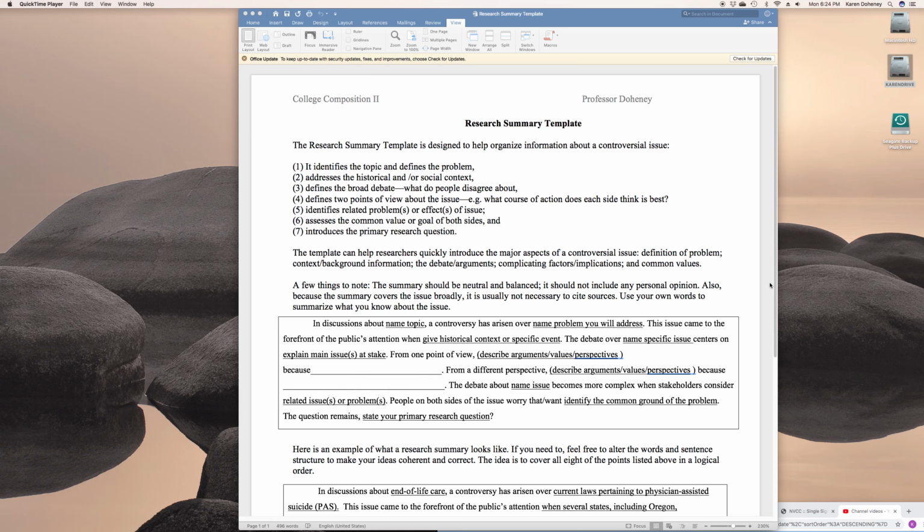Dividing 2 points of view about the problem. We talked about that in the proposal. Remember what people are disagreeing about, or what actions they're thinking. Remember, you don't want to frame this too simply as being for something or against something, but for a specific solution.